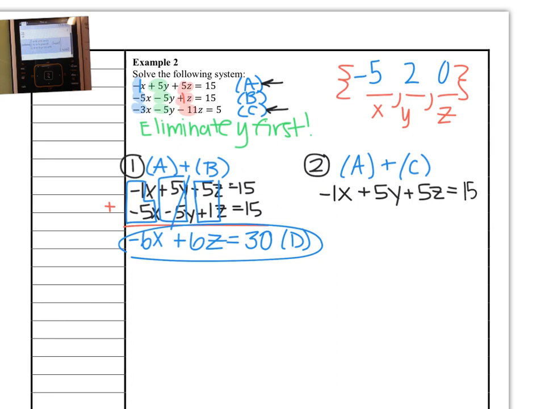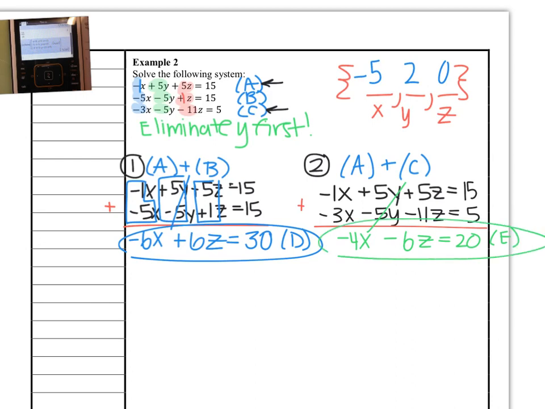And then we have C, which was negative 3x minus 5y minus 11z equals 5. Again, we add straight down. I'm going to do this one in green just to change up the color. Negative 1 minus 3, so that's negative 4x. Y's cancel. 5 minus 11, so negative 6z. And 15 plus 5, so that's 20. This will be equation E.